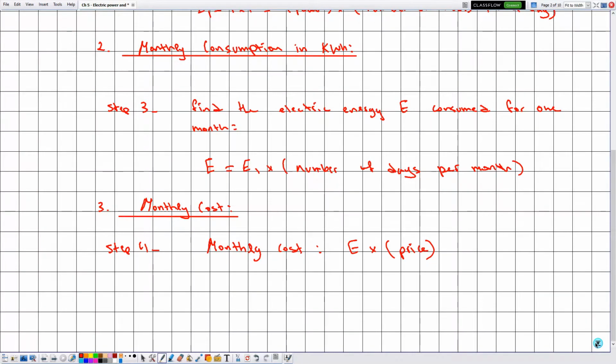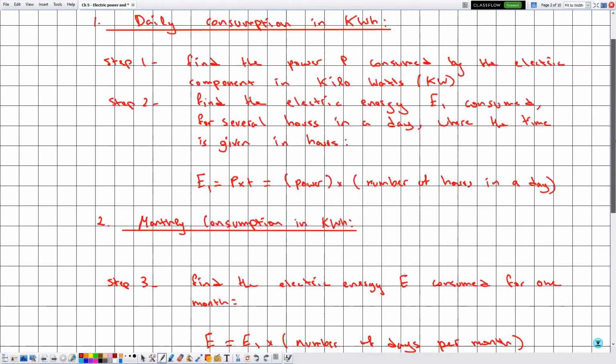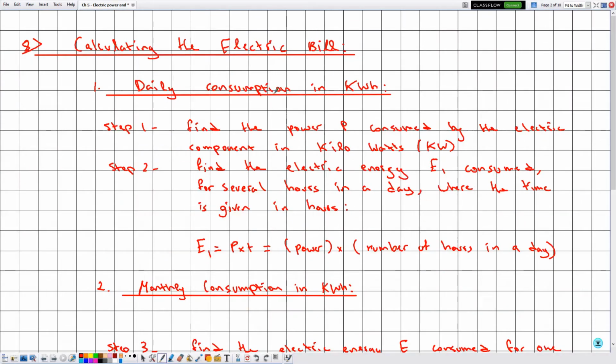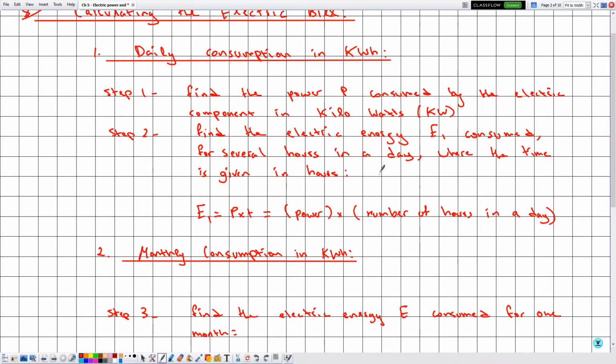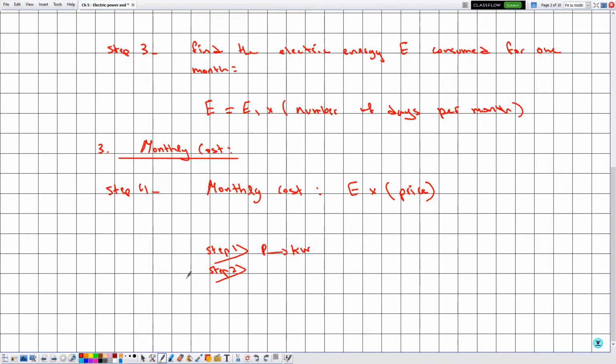Now here let me summarize the different steps that we will follow in order to calculate the electric bill. Step number 1 is to find the power P consumed by the electric component in kilowatts, that is, convert P into kilowatts. Step number 2 is to find the electric energy consumed E1 for several hours in a day, so we will determine E1 for 1 day.